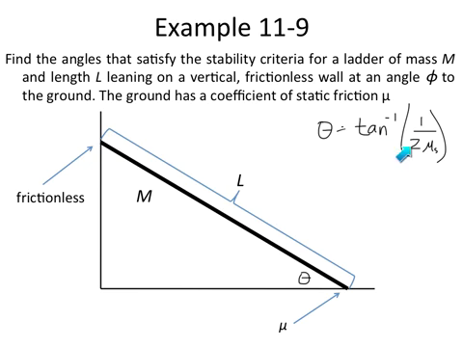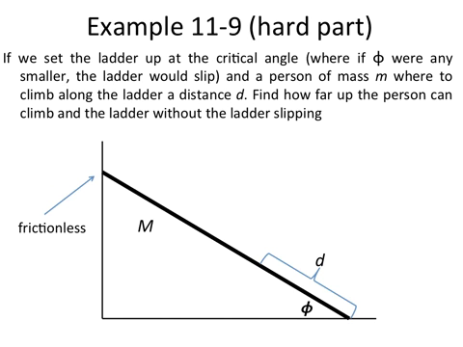So let's use this assumption right here to attack the part of the problem that we're going to be working on today. All right, let's move forward. So the hard part of 11.9. What's happening here? And again, we still have the assumption that theta equals the inverse tangent of 1 over 2 mu s, coefficient of static friction.